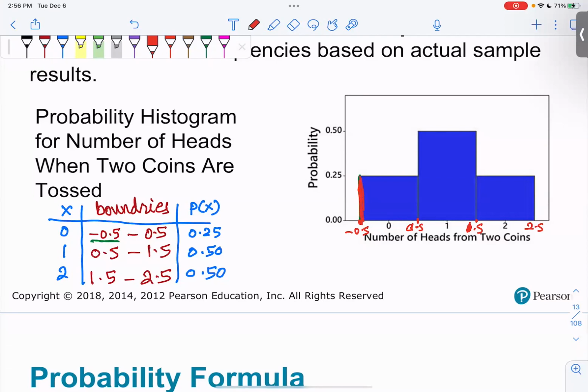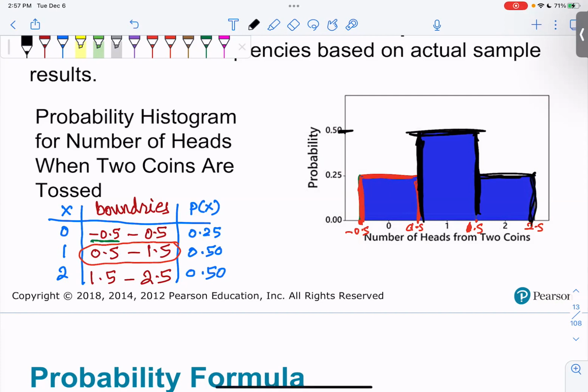From negative 0.5 till 0.5, the probability equals 0.25, right? And then the second one from 0.5, which is here, till 1.5, the probability is equal to what? 0.5. And then the third one is the same way.